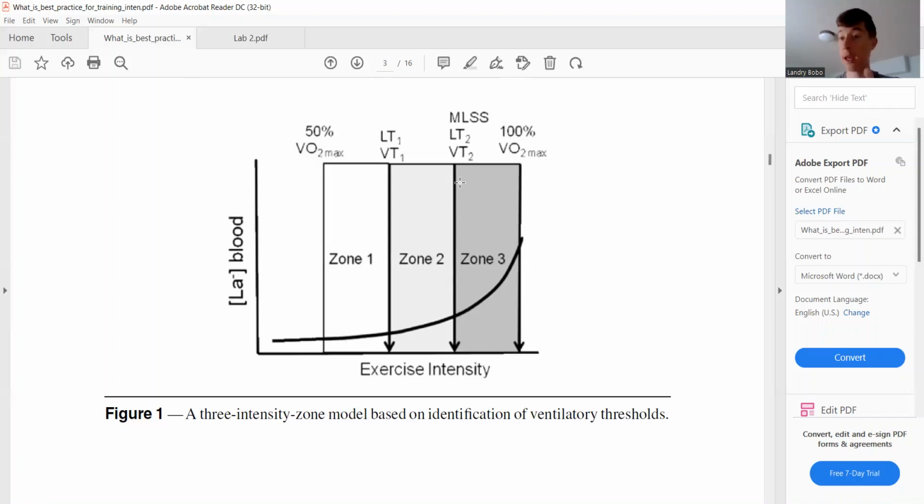Well, as we talked about, this is the point where lactate actually begins to accumulate in your blood, and you can't handle it anymore. So when we train above this zone, we start to accumulate that lactate, and we are actually training our lactate tolerance, our ability to tolerate those high levels of lactate so we can keep going longer and longer.